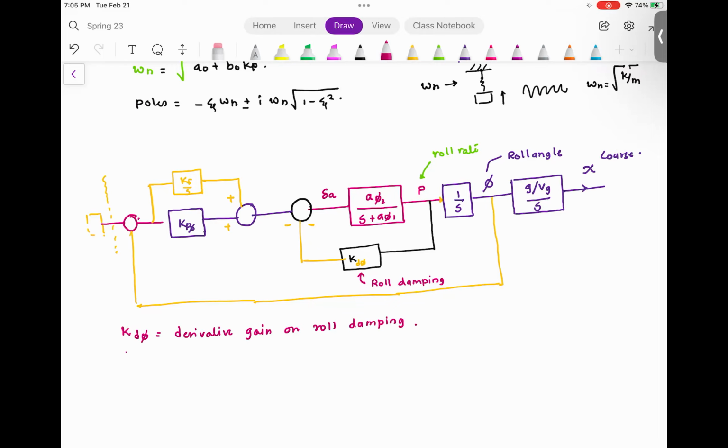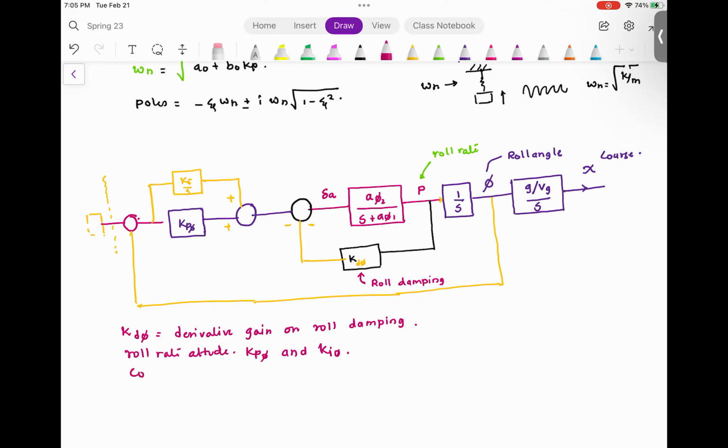Then the roll attitude is controlled with Kp phi and Ki phi, a proportional gain and an integral gain.